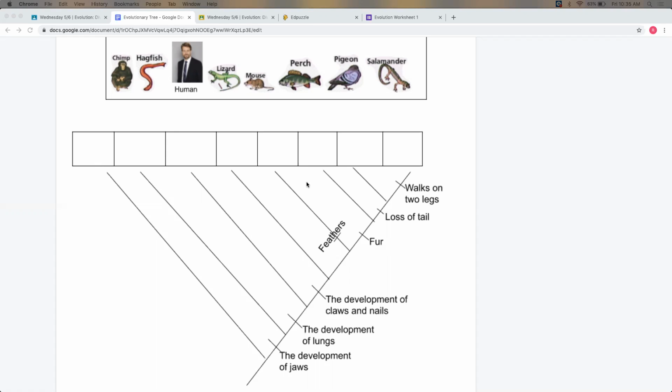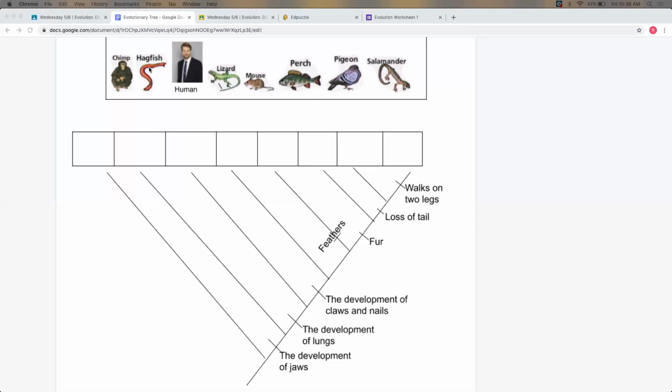Like that's the bone that holds onto all your bottom teeth, right? So this guy has a jaw. It has a beak, but it still has a bottom part. Also, development of lungs. Birds have lungs. Fish don't have lungs, but they do have jaws. Lungs, jaws, lungs and jaws, lungs and jaws.